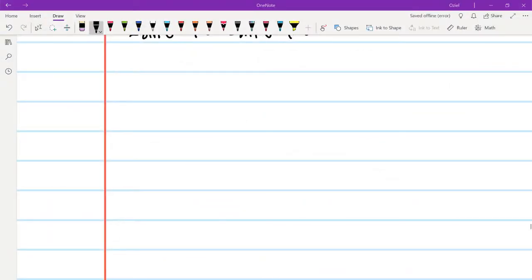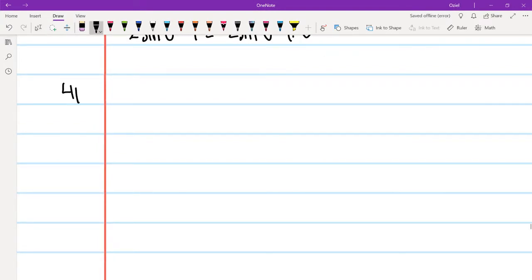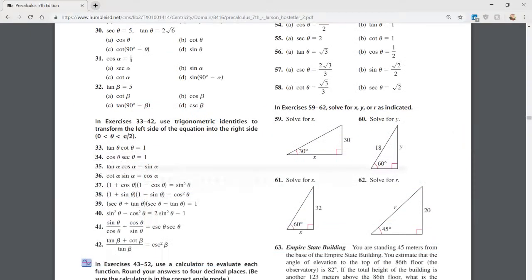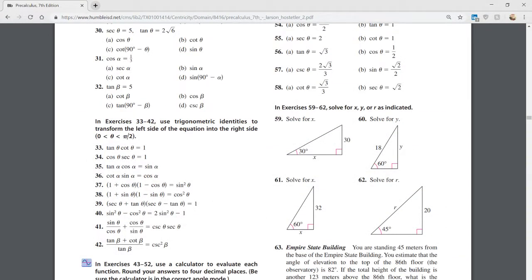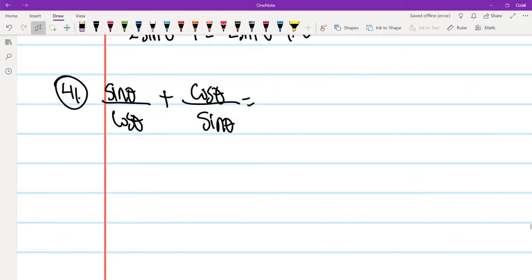Okay, and then for number 41, it says sine of theta over cosine of theta plus cosine of theta over sine of theta equals cosecant of theta times secant of theta.